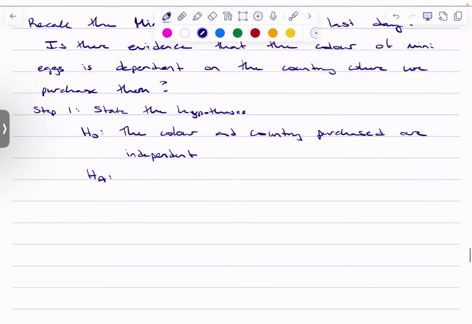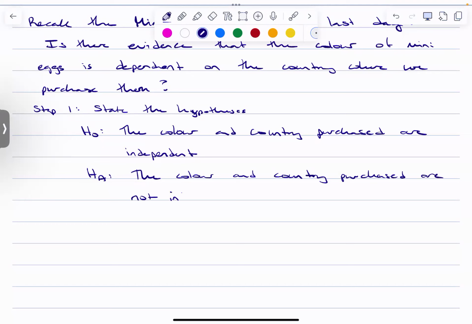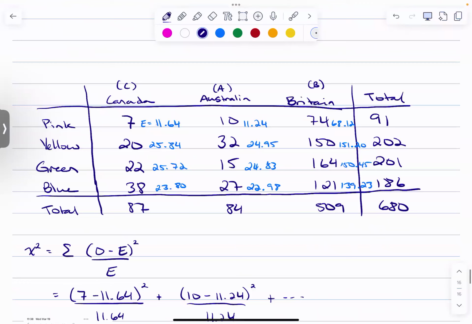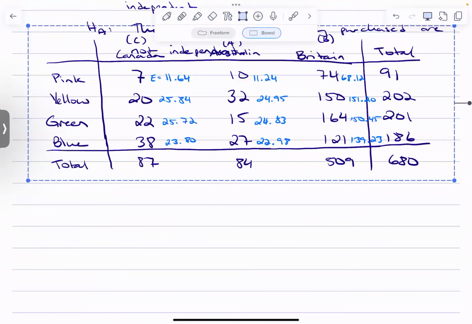At least we've done the hardest part, calculating the chi-square. The alternative: the color and country purchased are not independent. Then I can bring in our counts and our expected counts.